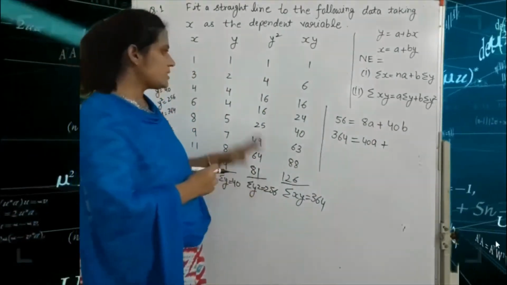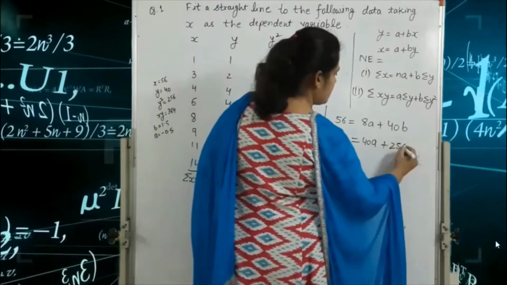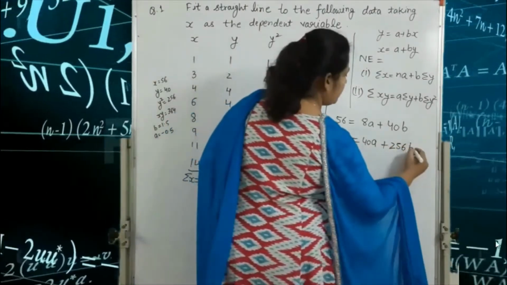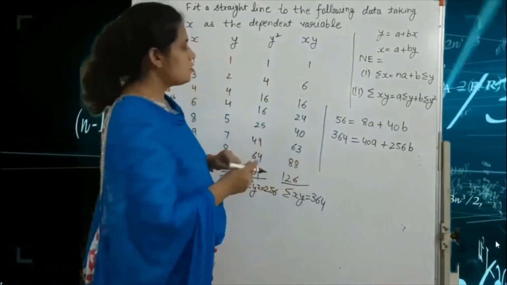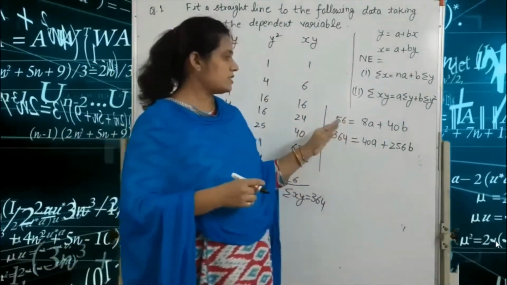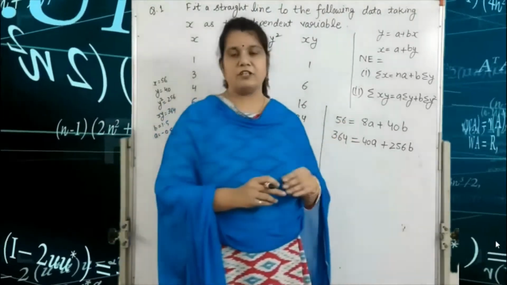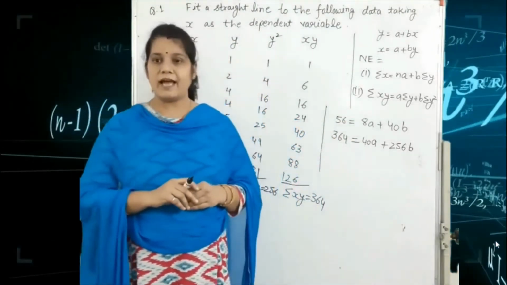So y square is 256, so we write here 256b. Okay, so here we put all these values in our normal equation. After that, solving these two equations, we get the value of a and b.